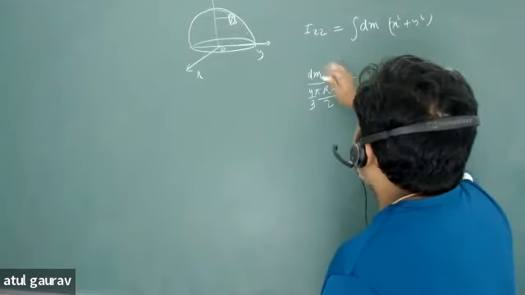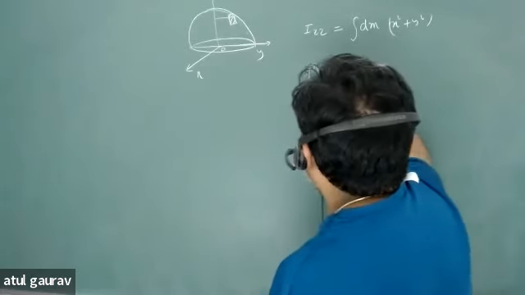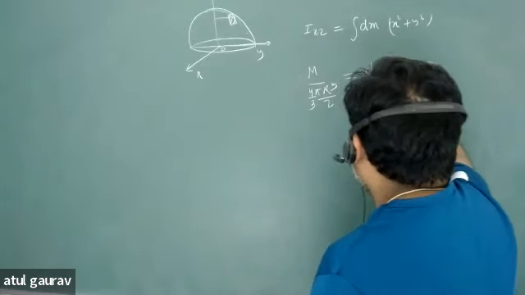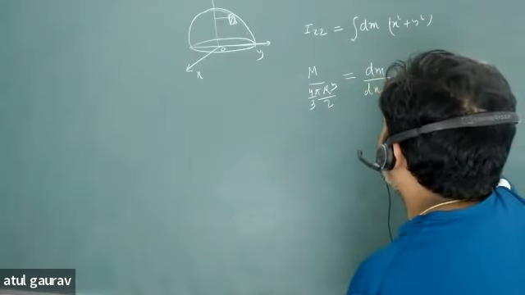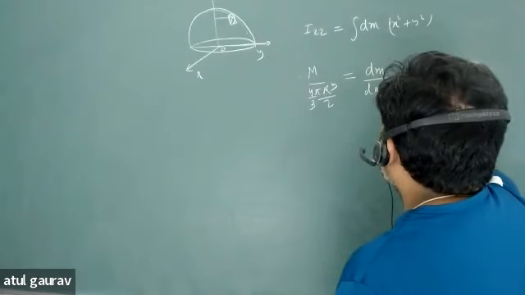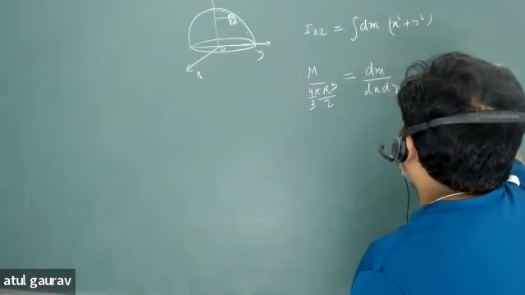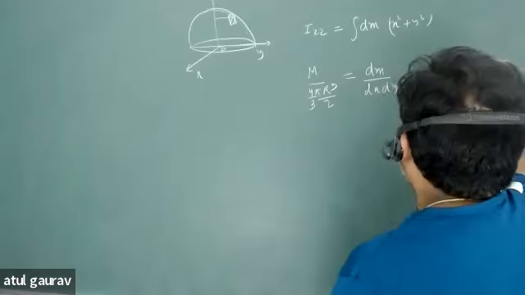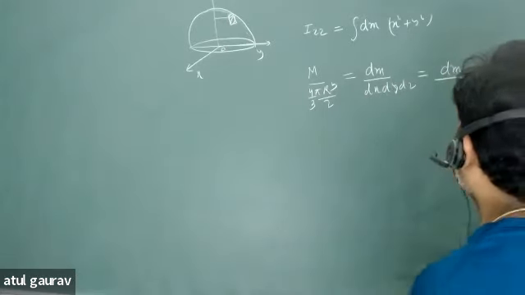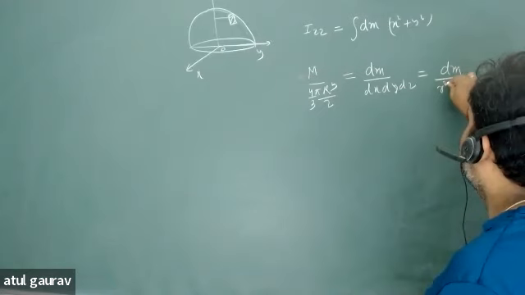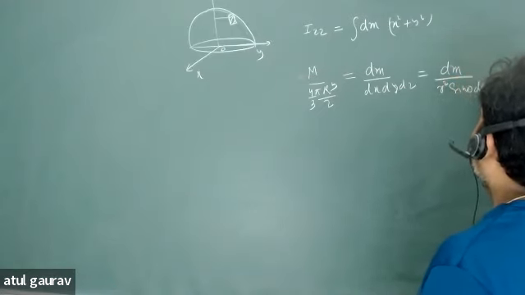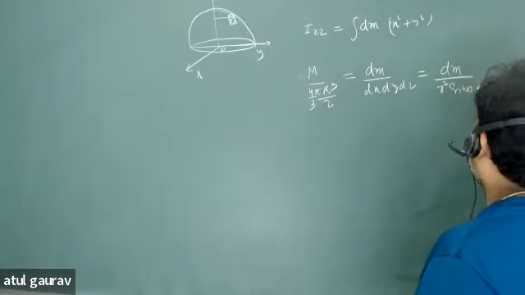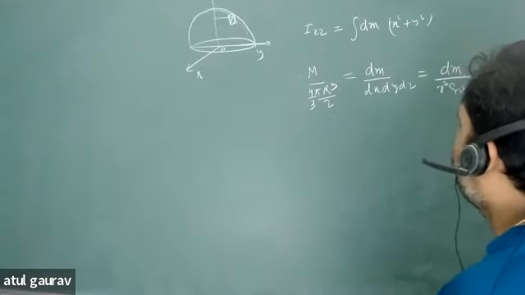And this will be dm by, what is this particular dx into dy into dz? R square sin theta dr d theta d phi. Excellent. Who is watching TV at the back, Puneet? This will be r square sin theta dr d theta d phi, right?